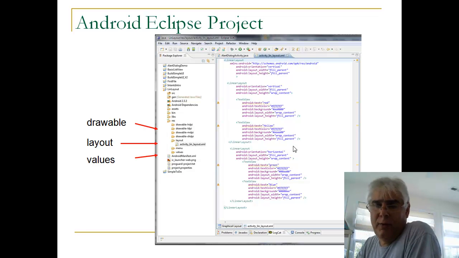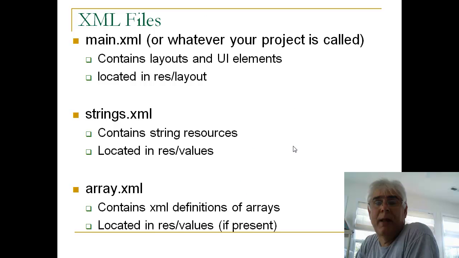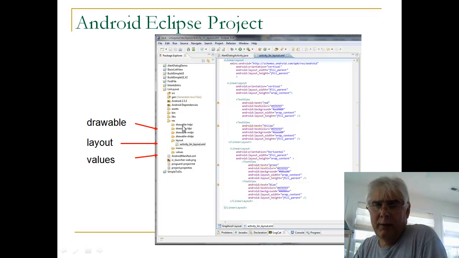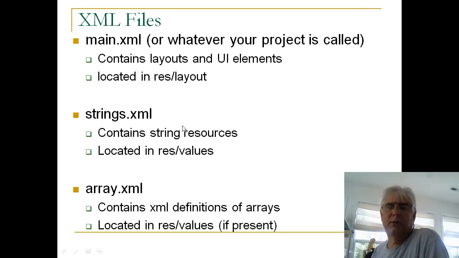But here's sort of the big picture view, and this is some of the work we're going to be doing this week. Okay, so in this resources directory, you've got a number of different kinds of files. There's layout files, and in the project you just saw, that was linlayout.xml.